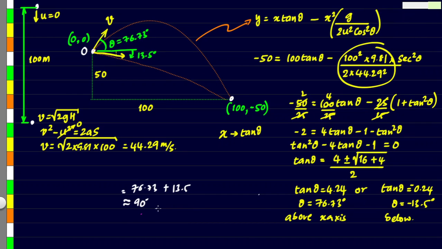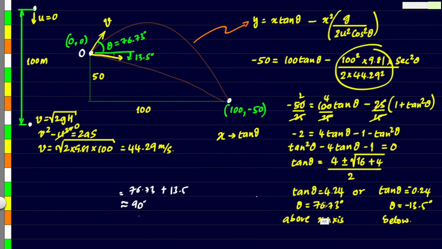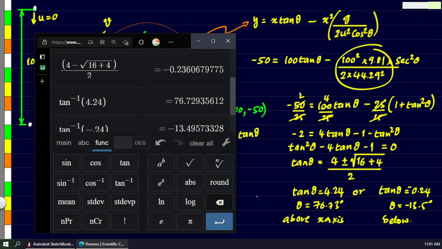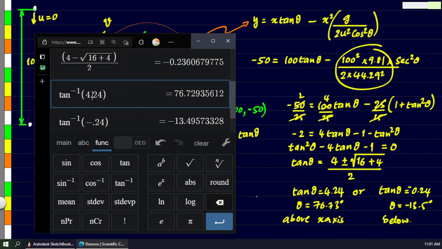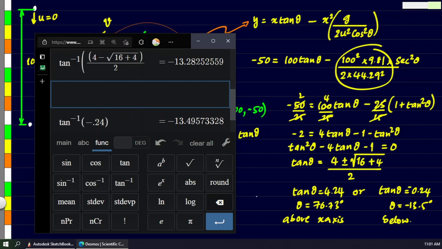So you may argue that it's approximately 90 degrees, so how is it exactly proved that it is exactly 90 degrees? If you want exact answers for yourselves, instead of feeding these rounded off values, I suggest you feed this complete term inside tan inverse, and that is actually going to give more exact values.